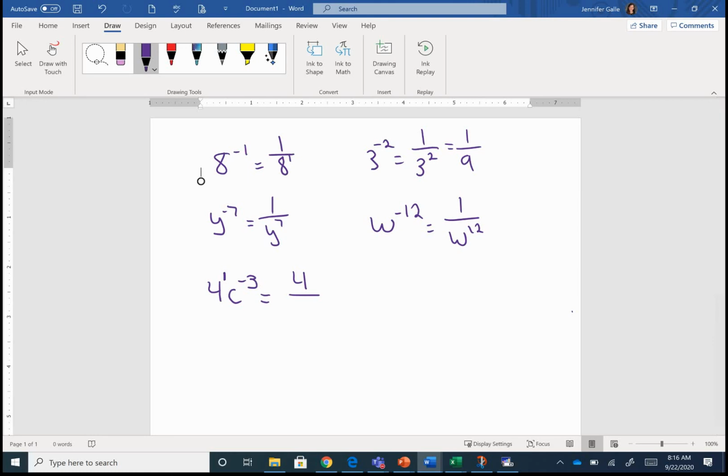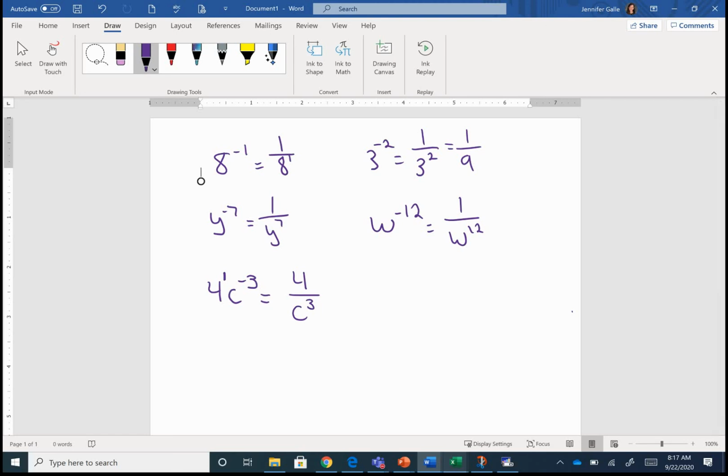It's already positive. But now the C has a negative exponent. It needs to change. It wants to become positive. So let's make that C happy. We move C to the bottom. Positive exponents stay. Negative exponents go.